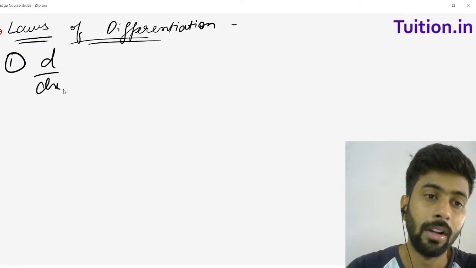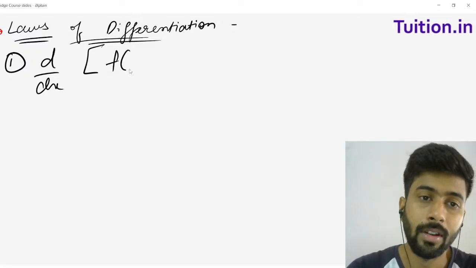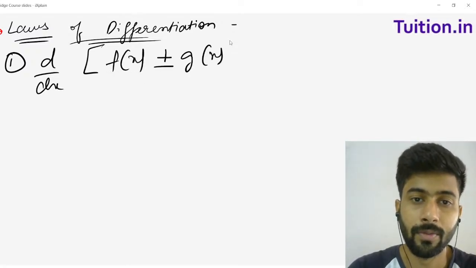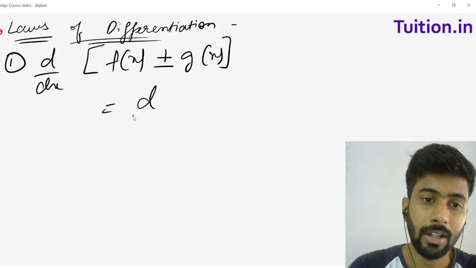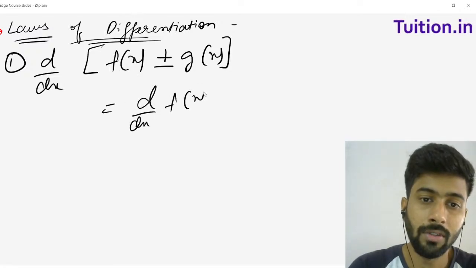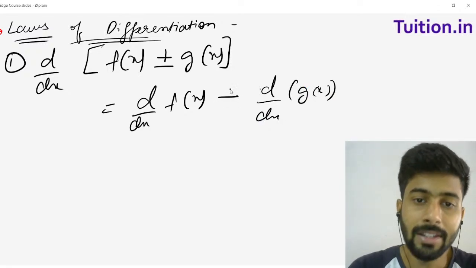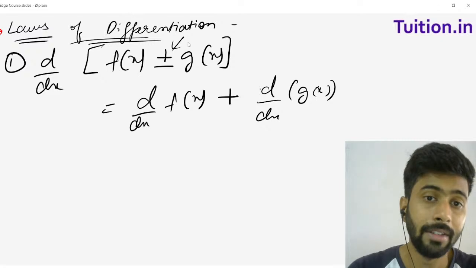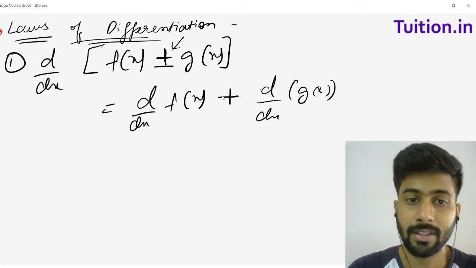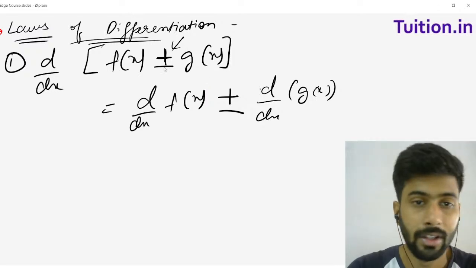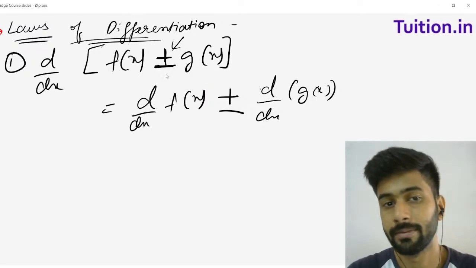Number 1, d by dx of the sum or the difference of two functions is nothing but you differentiate the first function and you differentiate the second function with respect to x, and then you add these differentials if it is a plus, or you subtract these differentials if it is a minus.